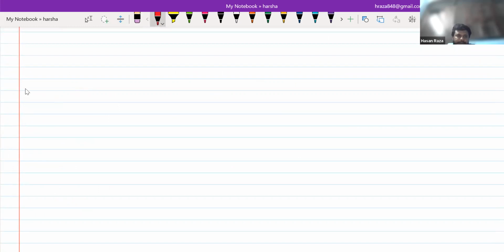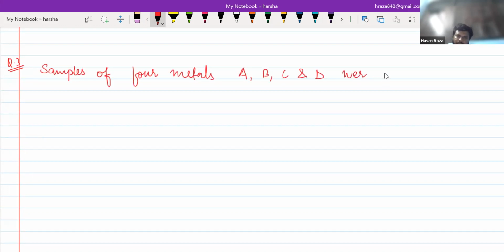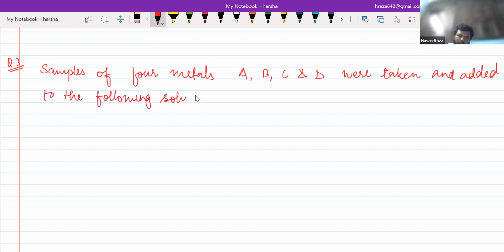Now see, I'm going to give this question. Please do it. This question is from NCERT and it is a very important question. Samples of 4 metals A, B, C, and D were taken and added to the following solution one by one.